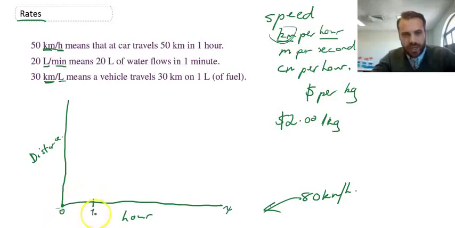Now after 1 hour, it should be fairly obvious, I hope, that you would have travelled 80 kilometres. We can put a little dot there. After 2 hours, you would have travelled 80 plus 80, you would have travelled 160 kilometres. And after 3 hours, you would have travelled 240.